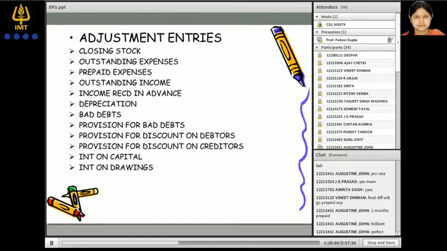But the hierarchy in which it would be maintained would be like debtors. From debtors, you have to first reduce the amount for bad debts, minus bad debts, minus provision for bad debts.